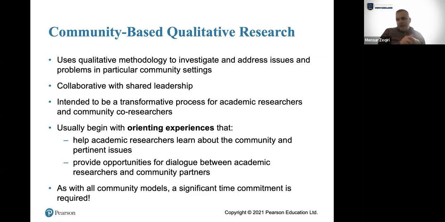Usually these kinds of projects start with orienting experiences that help academic researchers to learn more about the community and some of the issues that pertain to this particular community. And they also provide opportunities for dialogue between academic researchers as well as community partners.